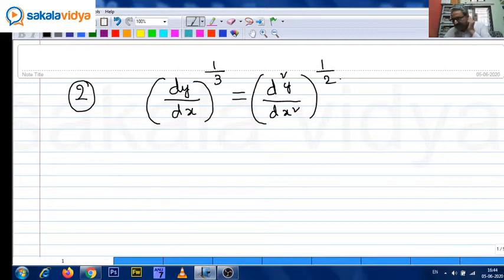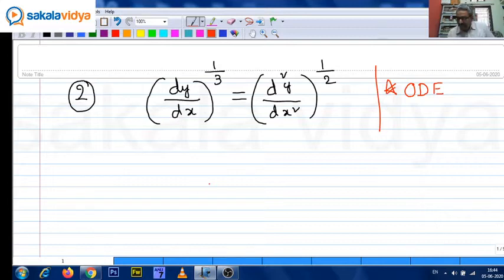Now you check this one. This is called ordinary differential equation. Okay, this is the first point. We know this ordinary differential equation.